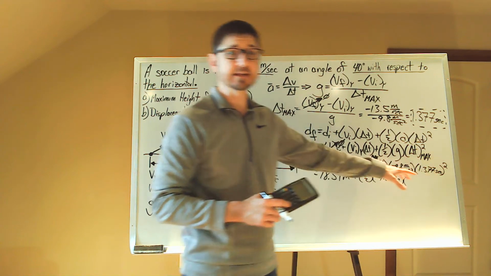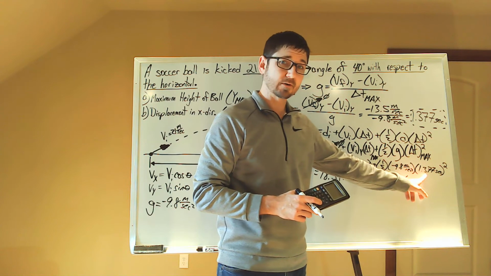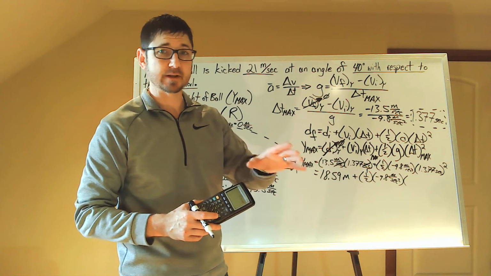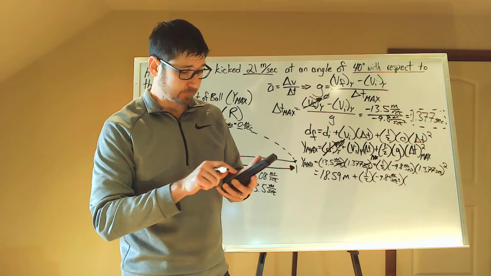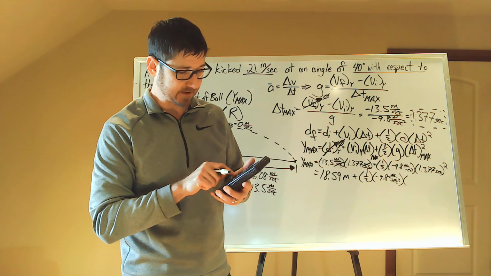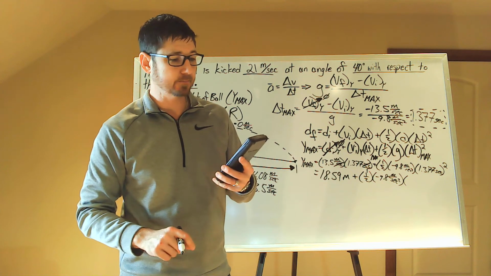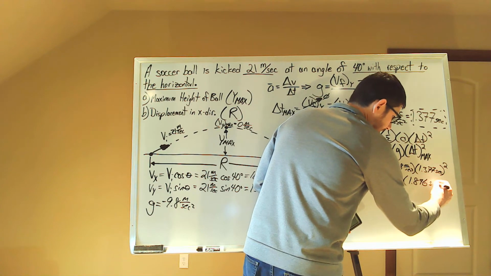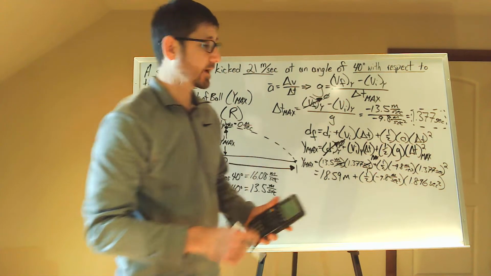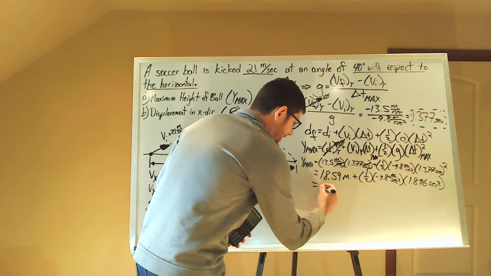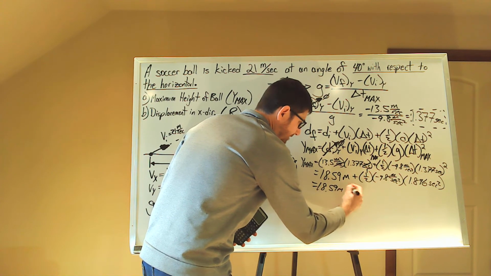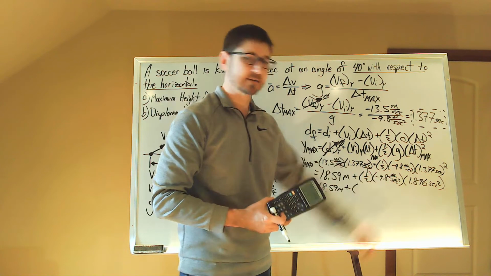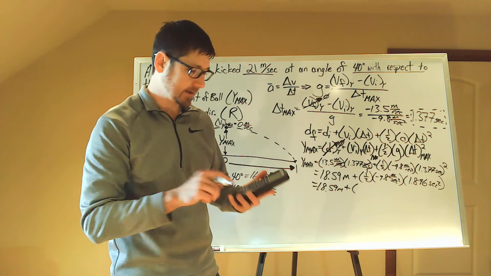And not only are we squaring the numerical value, we are also squaring the unit value. So seconds times seconds, we're going to have units of seconds squared. So 1.377 squared gives us 1.896 seconds squared. Okay? So I'm just going to rewrite this 18.59, and we have plus, so 1/2 times negative 9.8, we have negative 4.9.